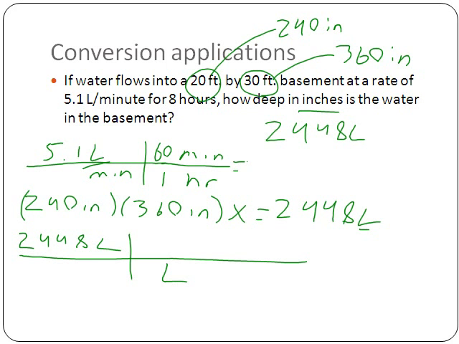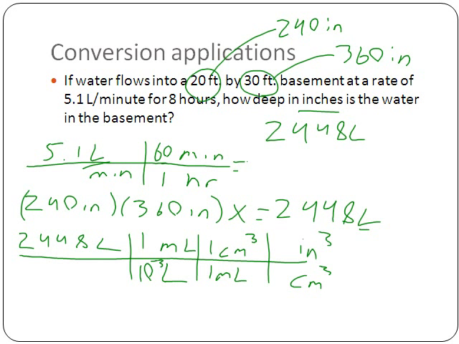First we go to milliliters. 1 milliliter is 10 to the negative third liters, or we could say 1,000 milliliters in 1 liter. Either one works. We know that 1 milliliter is equal to 1 centimeter cubed. Now we want to cancel centimeters cubed and go to inches cubed.